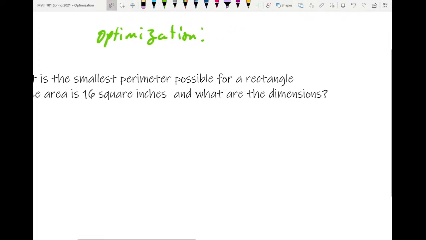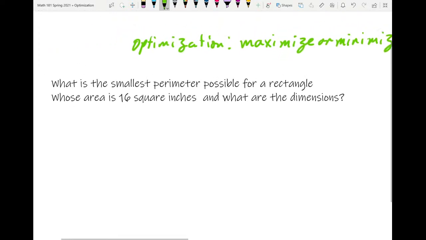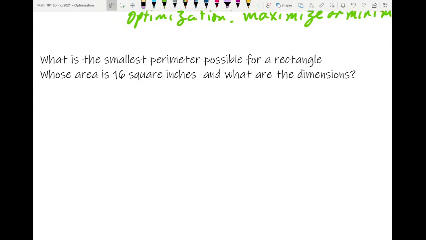This type of problem, we'll be looking at maximize or minimize. The area is 16. Length times width equals A. But when we add the perimeter, we get this, and we want to minimize it. So we have two different variables. First, let's combine it into one variable.